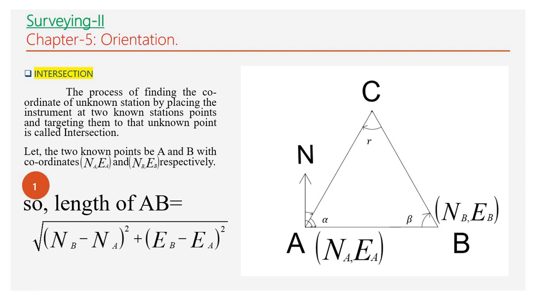What we will do first is find the length between A and B, because we know the coordinates of A and B. So we simply use the distance formula: root under (NB minus NA) whole square plus (EB minus EA) whole square.